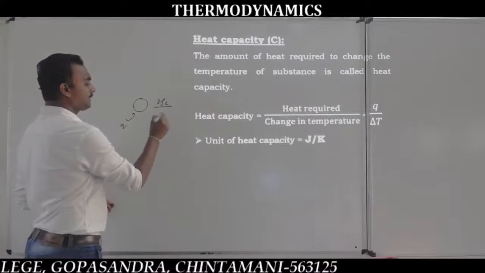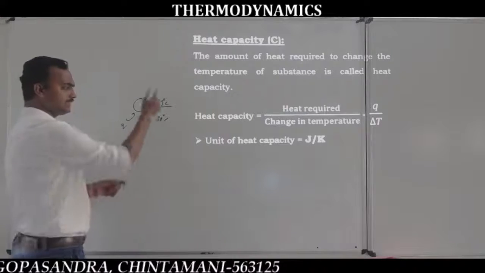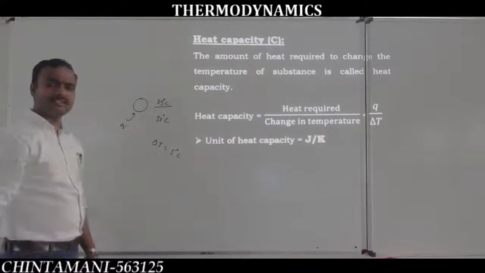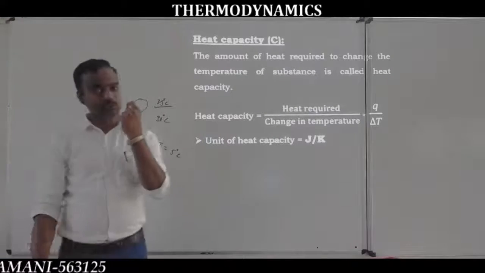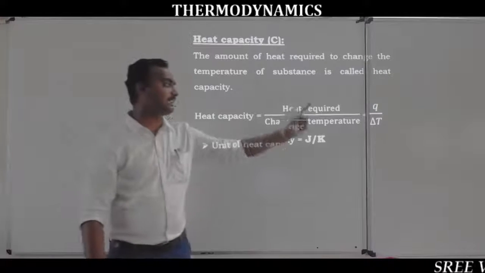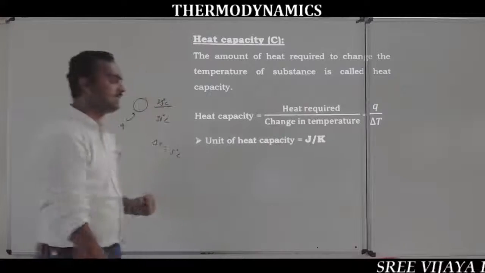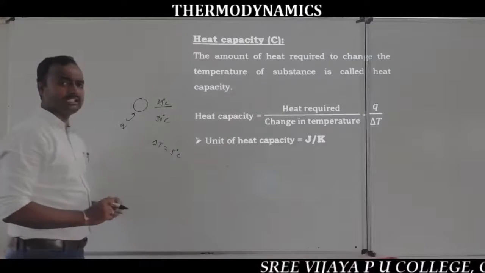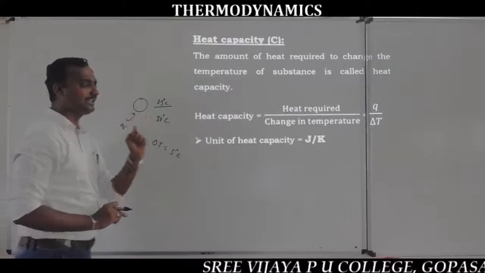Let me take 30 degrees Celsius. Now the change in temperature, delta T, is 5 degrees Celsius. To change the temperature by 5 degrees Celsius, the amount of heat we supplied is Q. So that is heat capacity: Q divided by delta T.